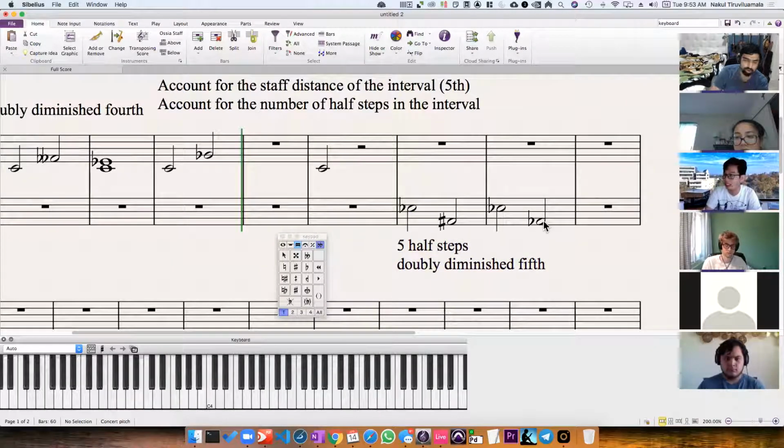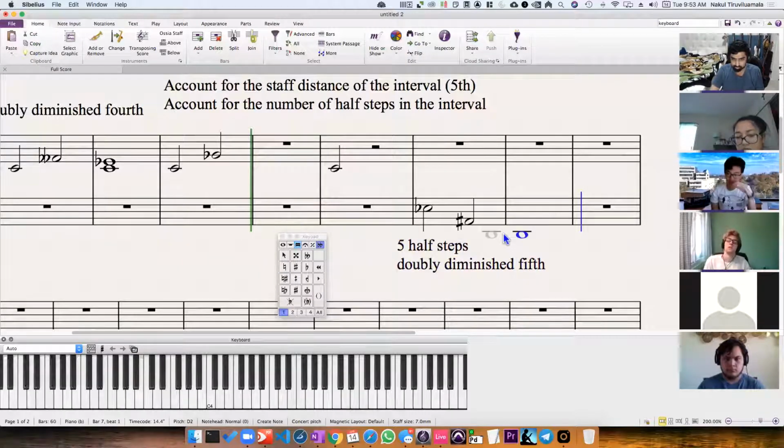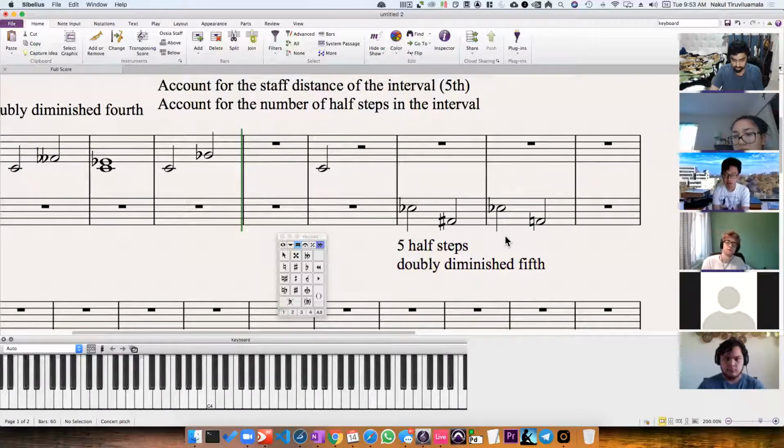Then you can work back to this situation right here, where you ask, what would happen if I made this A flat an A natural? I'm working towards this answer right here. Well, this would be 6 half steps currently, right?